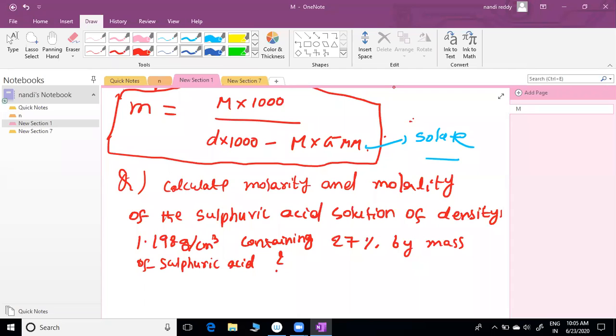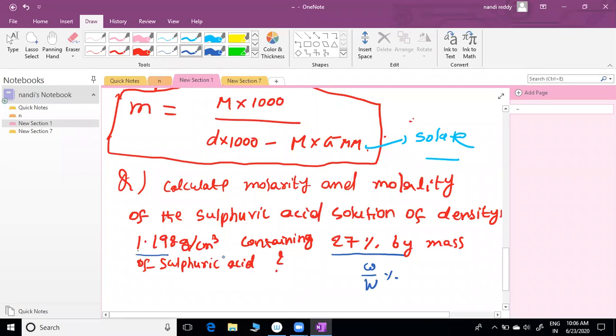Check it. First step, you need to find out molarity. Very simple. Weight by weight percent is given, and this density. You can find molarity using a very simple formula: molarity equals weight by weight percent into 10, into density, by molecular mass.